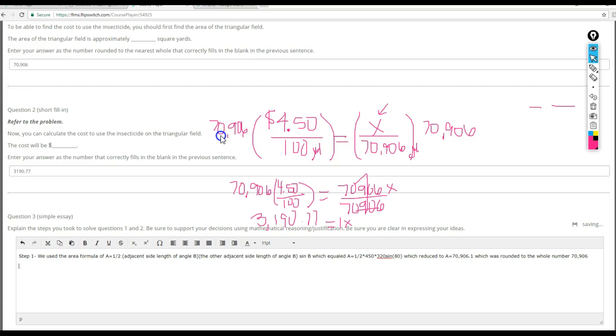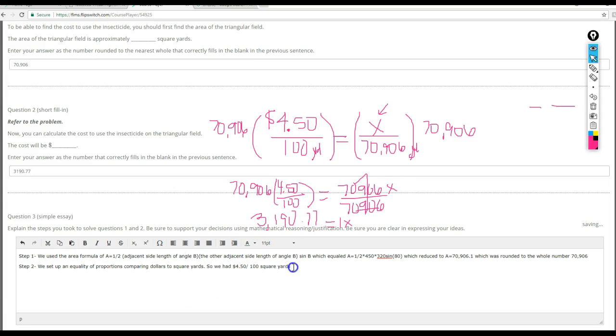So now in step 2, we set up an equality of proportions comparing dollars to square yards.